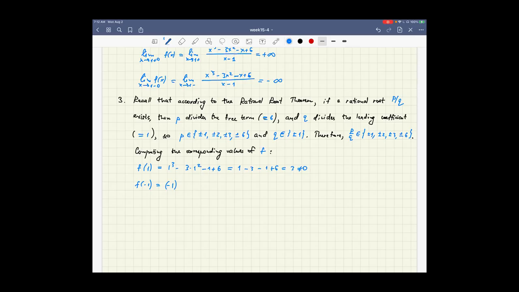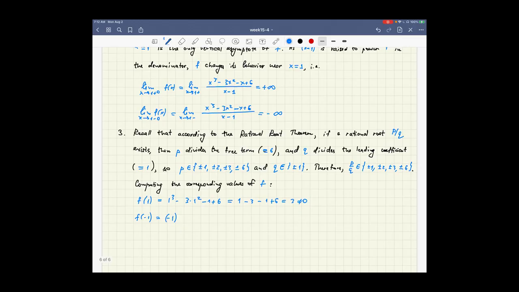I shouldn't be calling it f, it's the numerator, computing the corresponding values of the numerator. Let's call it capital F. It's x cubed minus 3x squared minus x plus 6.